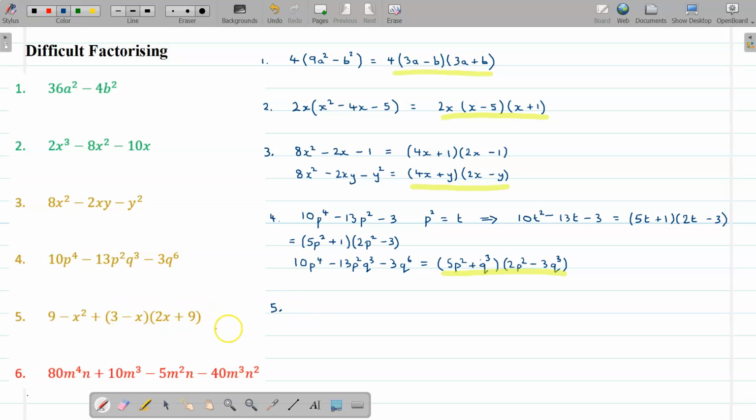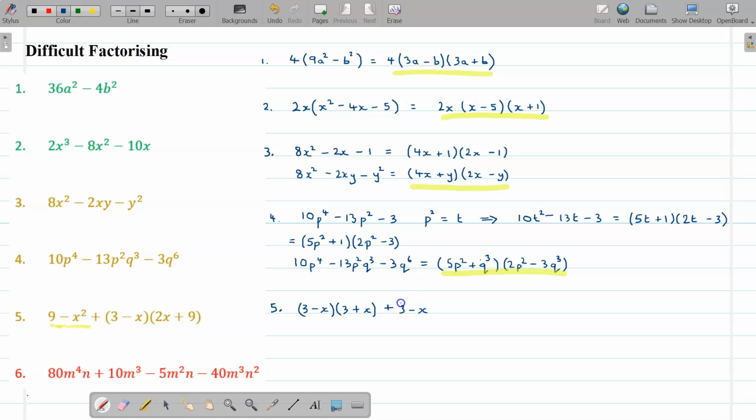a more difficult problem. In this case, I notice that if I look at the first part here, I actually have in that bit there the difference of two squares. So I'm going to write the whole expression as 3 minus x times 3 plus x, first, and then for the second part, from here onwards, I'm just going to copy that out.